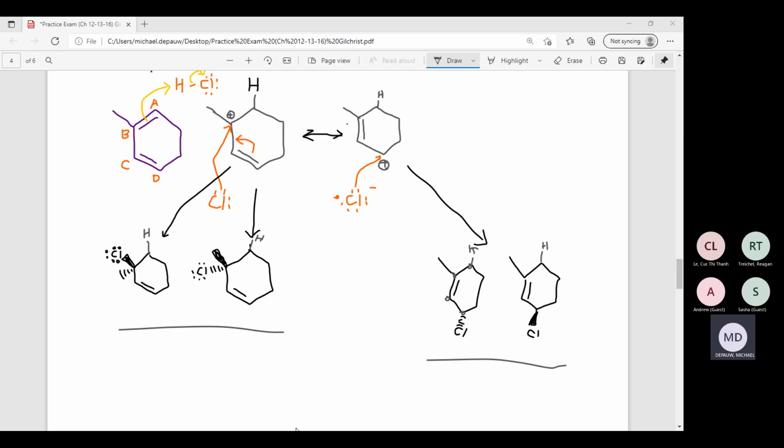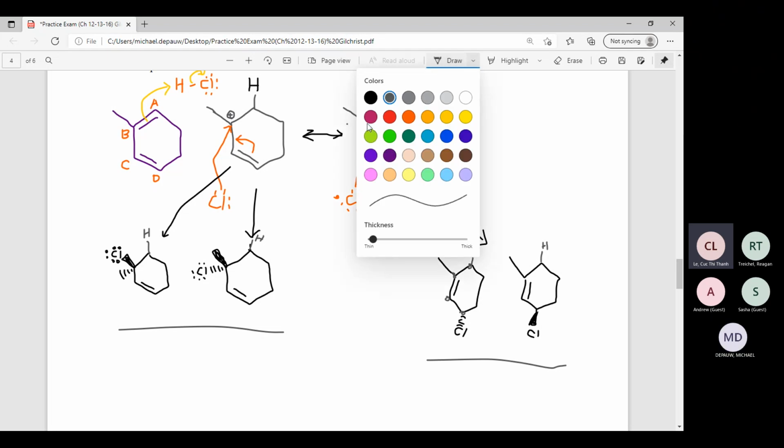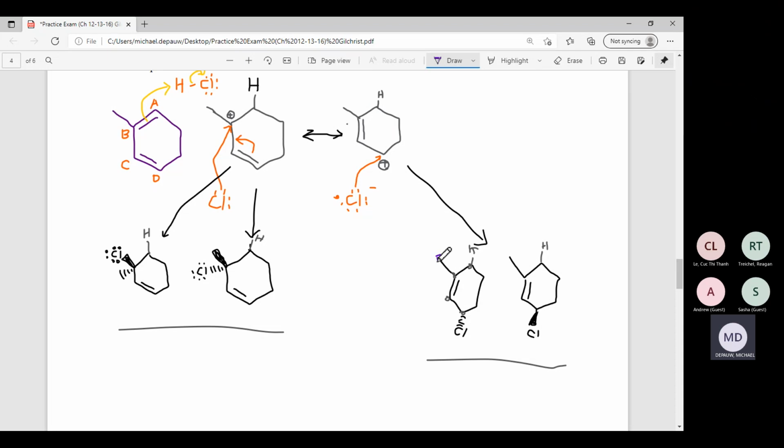Is it a steric hindrance issue? It's actually not steric hindrance. It goes to one of the things that we talked about earlier with the stability of a double bond. The two molecules on the right side have a more substituted alkene.